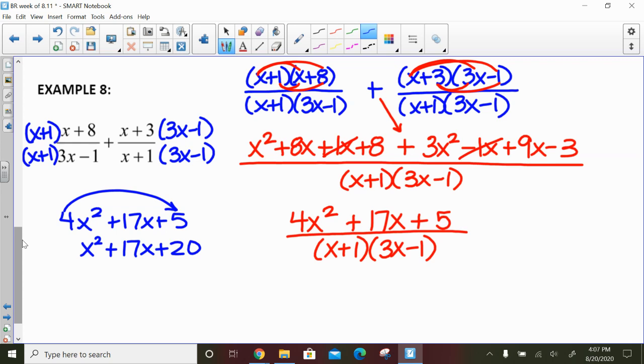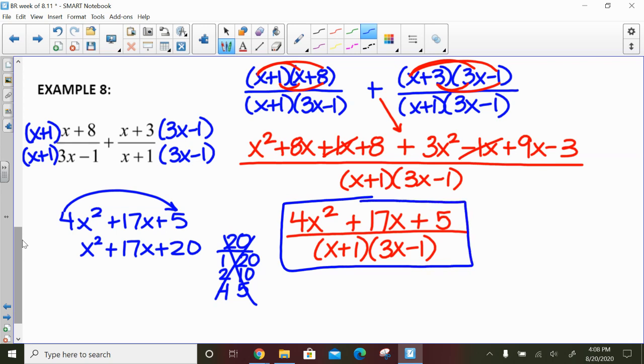So do I have factors of 20 that will add to give me 17? My factors of 20 are 1 and 20, 2 and 10, 4 and 5. Will any of those factors give me a 17? The answer is no. Therefore, this is your final answer because the top cannot be factored.